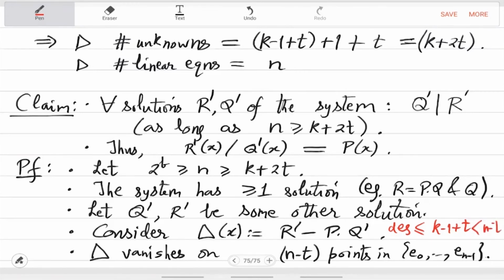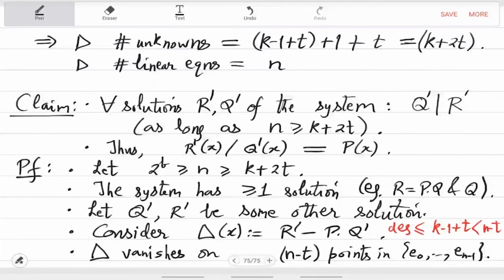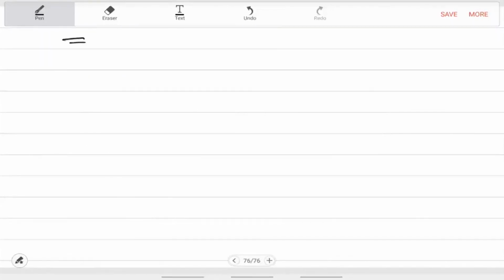So now do you see the proof? Delta is a polynomial whose degree is less than n minus t, but it is vanishing on at least n minus t points that are distinct. So this means that delta is actually 0, because it's happening over a field. Which gives us both the claims.